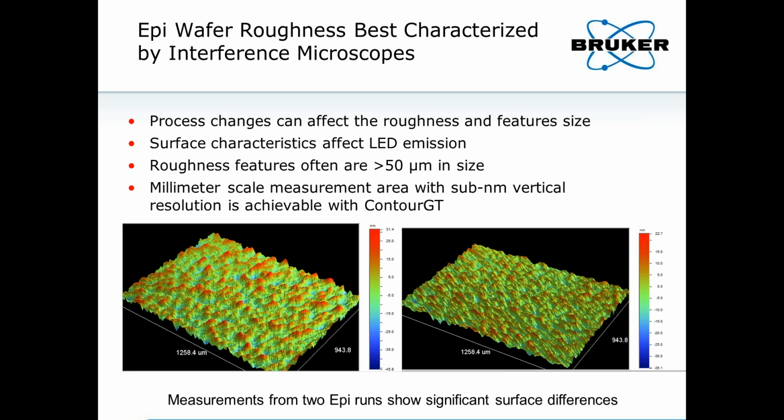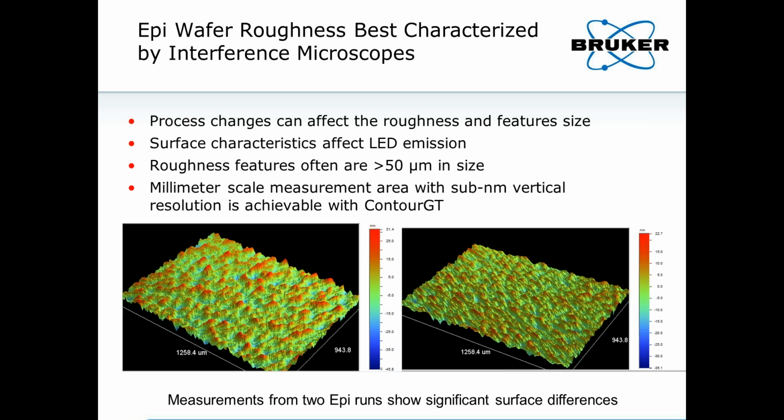In which case, the easier and more efficient way to make the measurement is over a larger field of view. And so here we take advantage of the sub-nanometer resolution of the 3D optical microscope, like the Contour GT, looking at a millimeter scale laterally, all in one field of view.